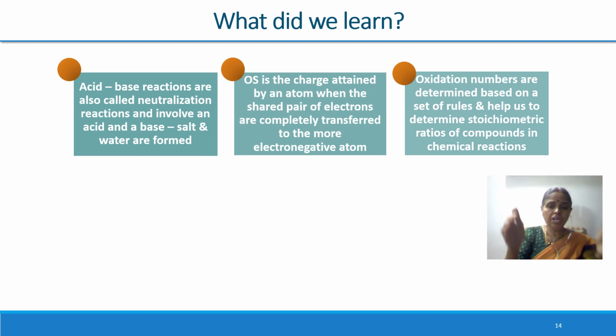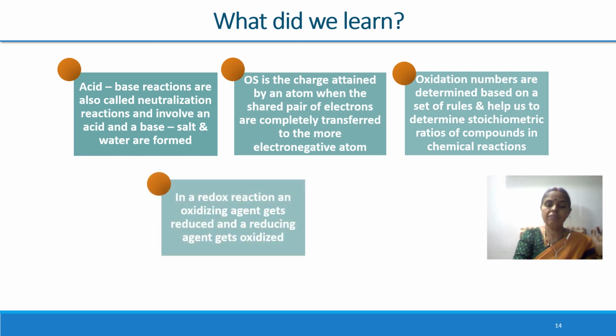So, based on a set of rules, you will calculate the oxidation numbers of elements, and these numbers help us to determine stoichiometric ratios of compounds in chemical reactions: how many moles of reactants, how many moles of products. So, in balancing equations and in determining stoichiometric ratios, the oxidation numbers are used.